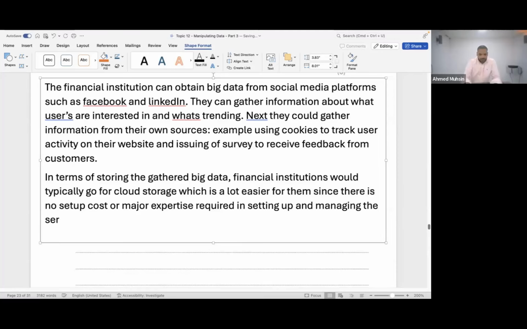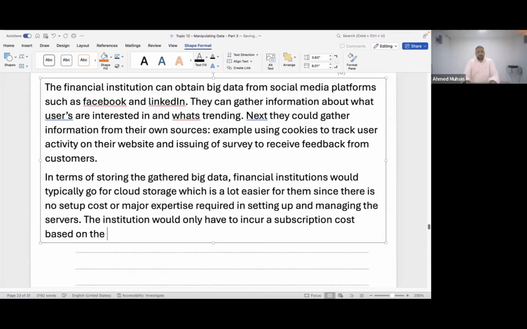The institution would only have to incur a subscription cost based on the storage they use.